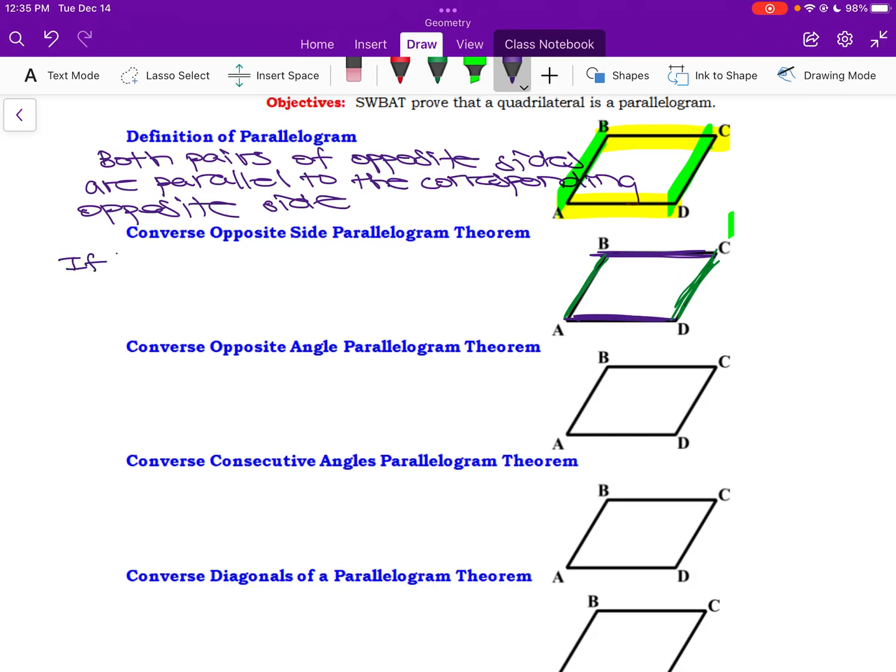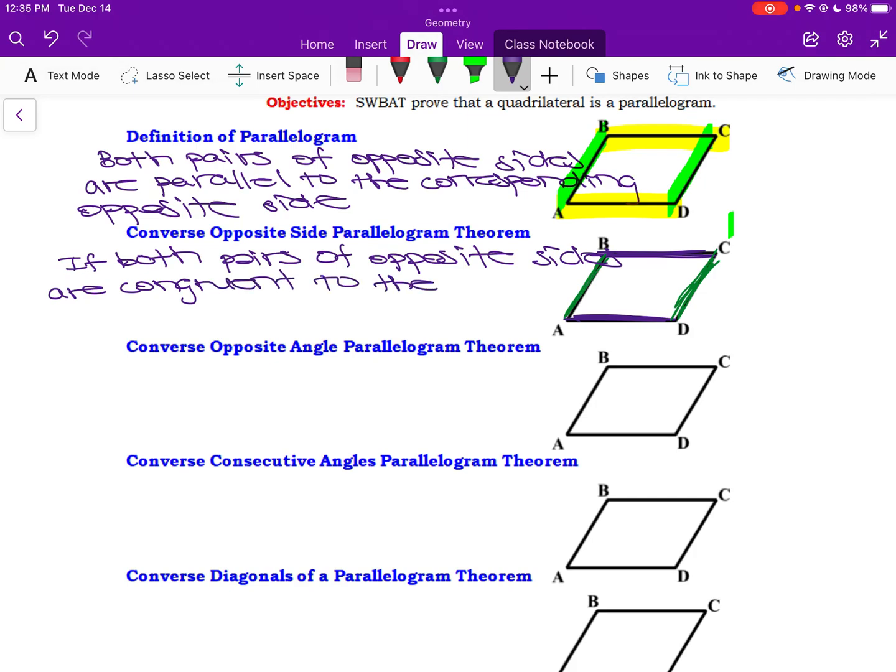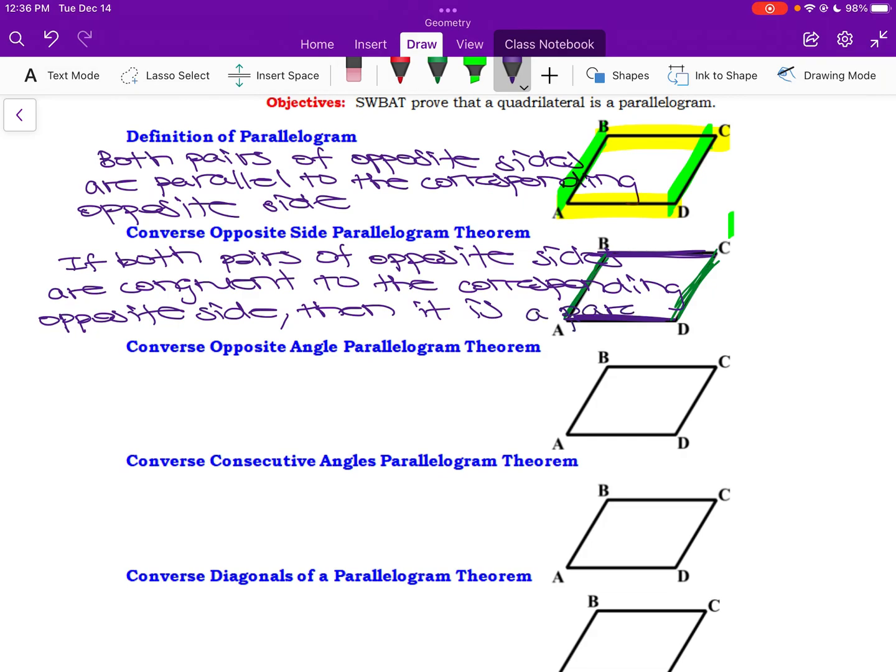So if both pairs of opposite sides are congruent to the corresponding opposite side in a quadrilateral, then it is a parallelogram.